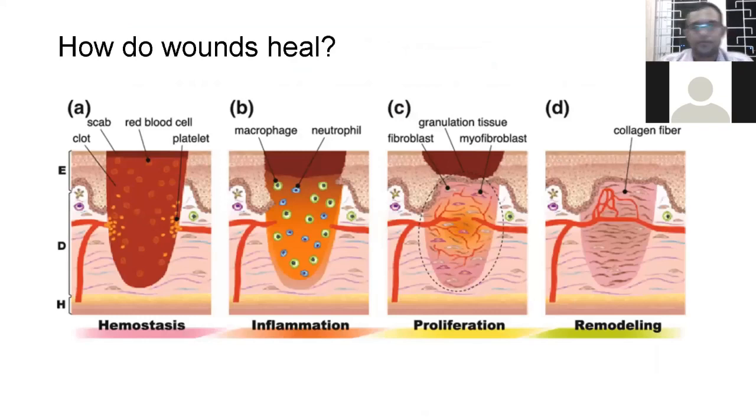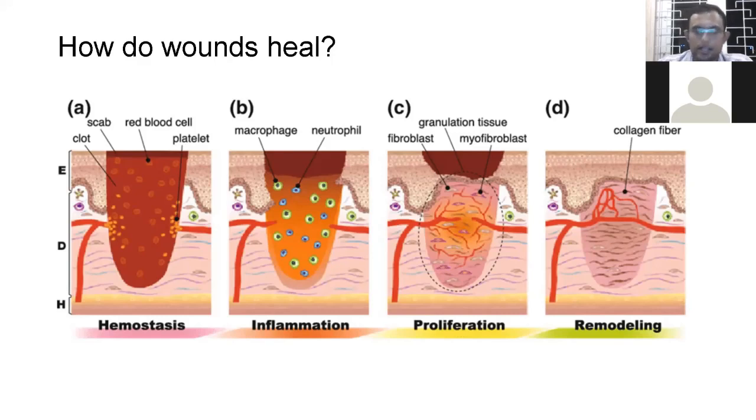So the next question is, how do wounds heal? Now you know something about the skin. The break in the skin is a wound, and we talked about the parts of a wound, and now how do they heal?